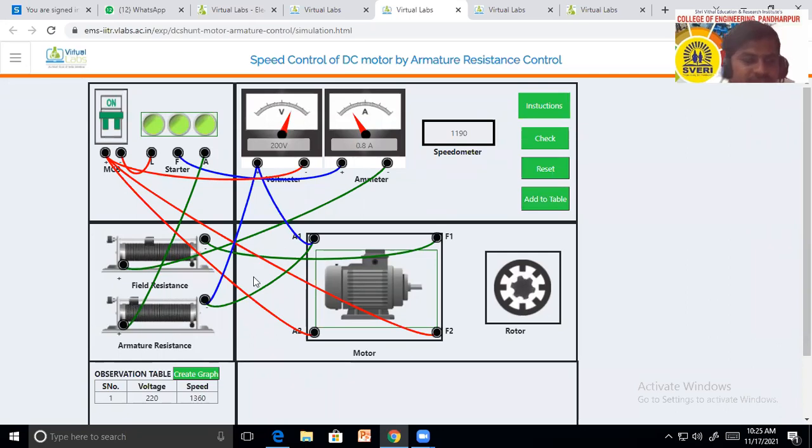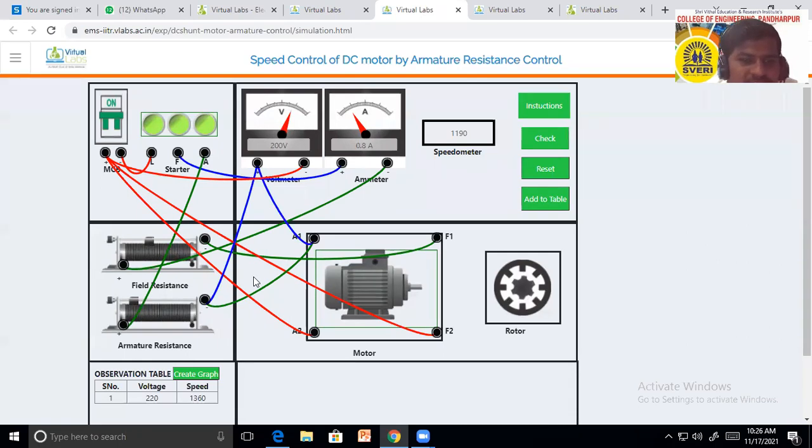What is the change in the field current? Is there any change in the field current? No, sir. No, so this field current is nothing but 0.8. So what is the change in the armature voltage?